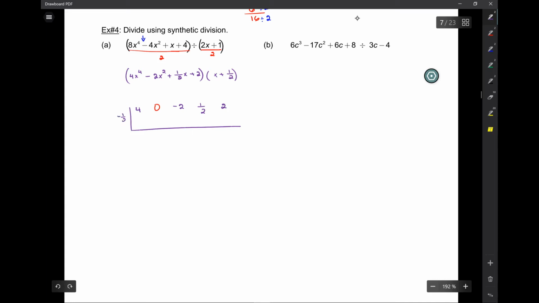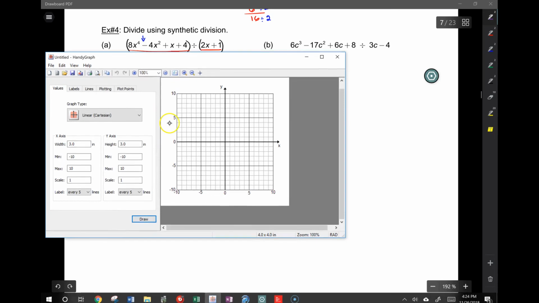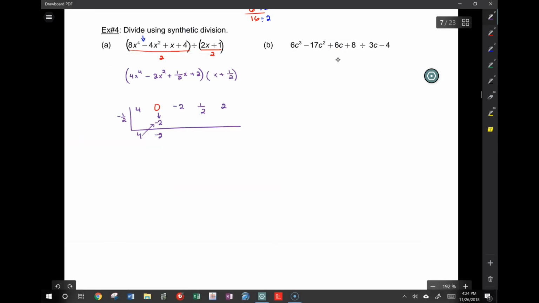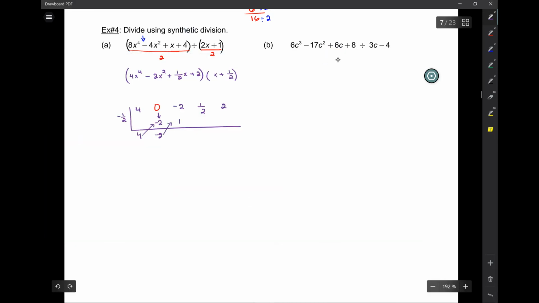Here, I put negative a half. 4 comes down for free. Multiply by negative half, negative 2. You add, negative 2. You multiply by negative half, and you get positive 1. You add here, you get negative 1.